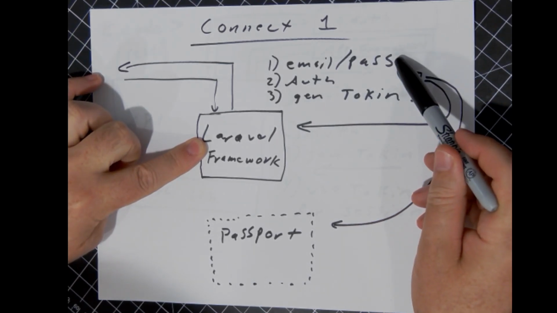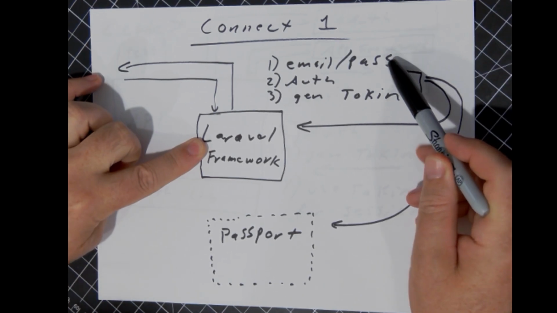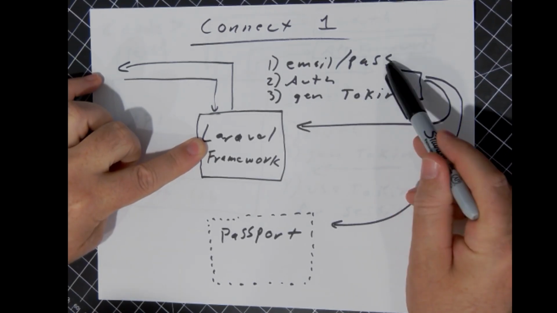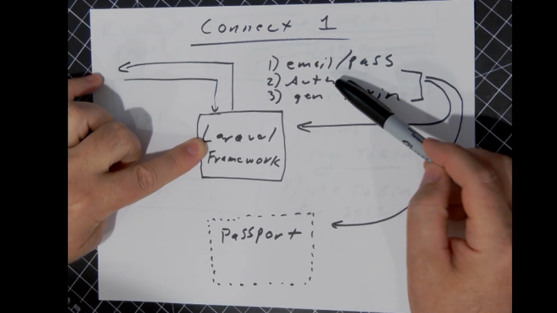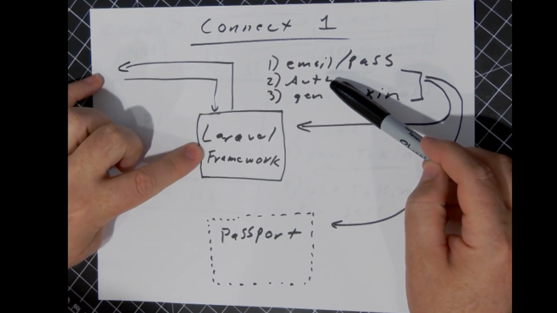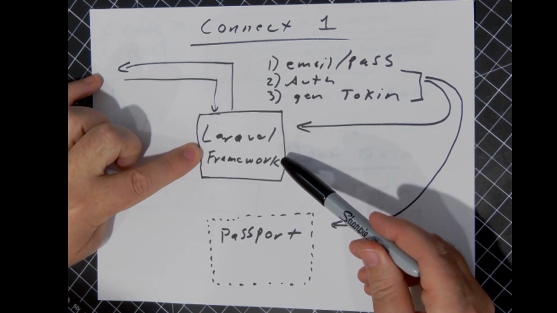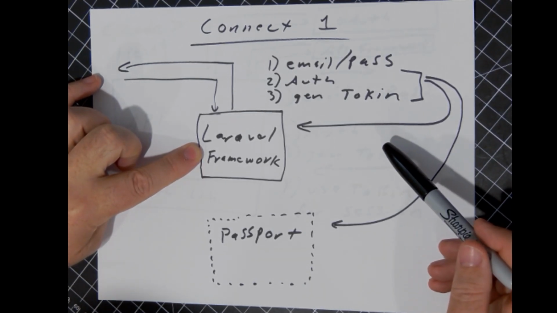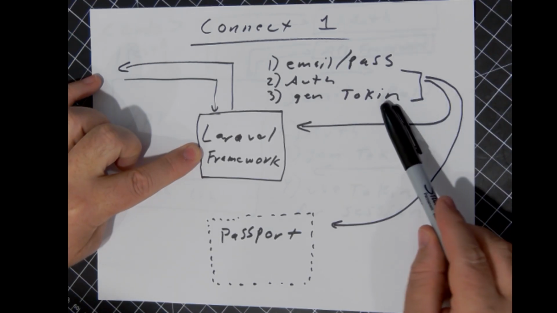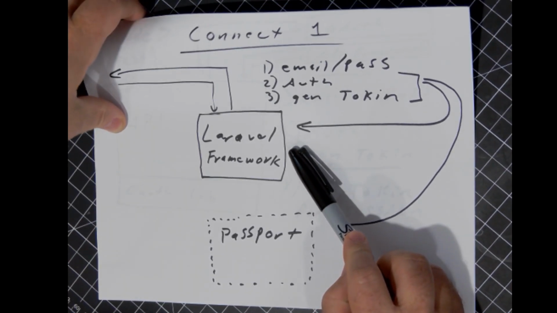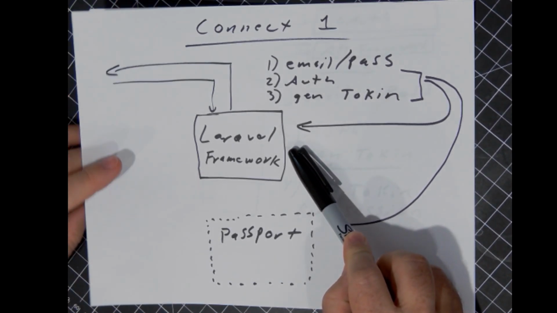We're passing in a credential, an email, and a secret or a password. It's internally authenticating you against tables in the database that the Laravel framework talks to, and it's generating some kind of a token using some sort of a library inside of Laravel.